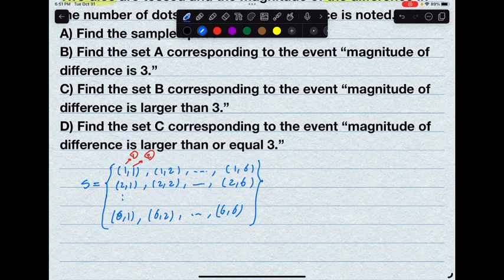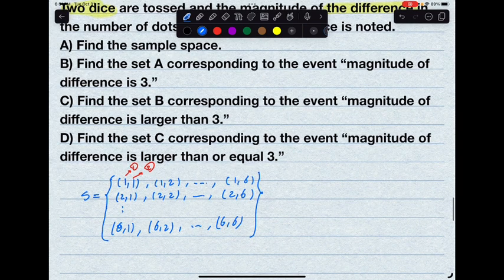Now for part B of the question, it says find the set A corresponding to the event. What is the event? The magnitude of the difference is 3. It's exactly equal to 3.